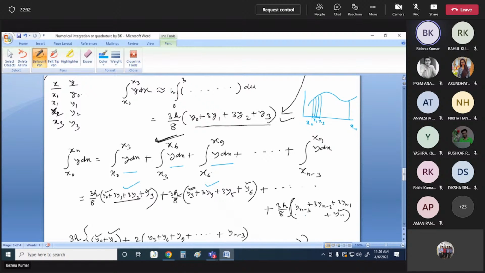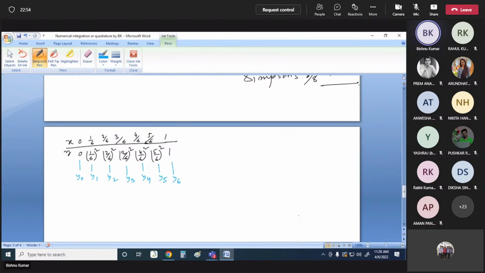Okay. Now see, for this data set, if I ask you to calculate the integral from 0 to 1 of y dx, using the Simpson one-third rule or the Simpson 3/8 rule, am I able to apply those techniques or not?